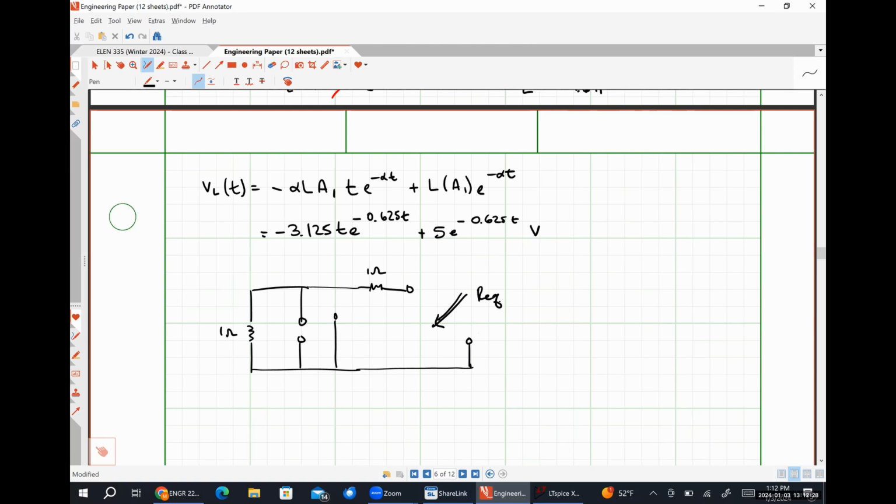So we're not going to have a single generic equation for alpha or actually omega naught. It's going to depend on all of the elements in the circuit. And so what we're going to spend the overwhelming majority of our time doing is actually writing the second order differential equation and then using that to figure out what alpha and omega naught are. So you accidentally led us into what we're covering next week.